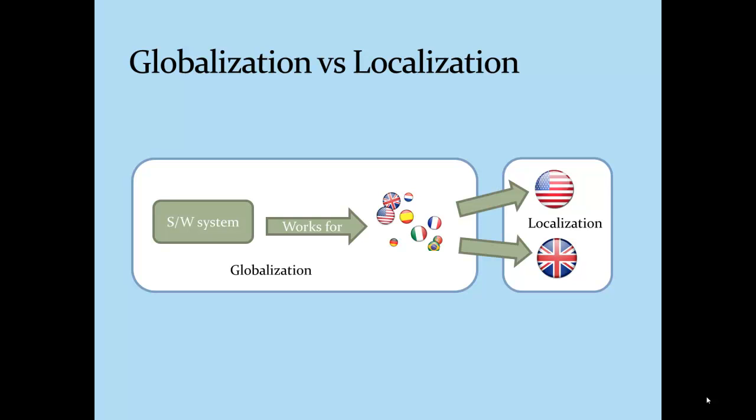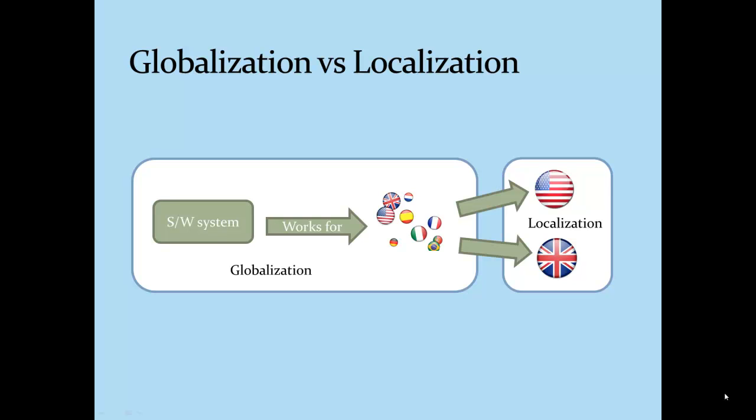Remember, globalization is the process where we design and develop the application, whereas in localization we take an already developed application which supports globalization and customize it so that it will be available for local clients.